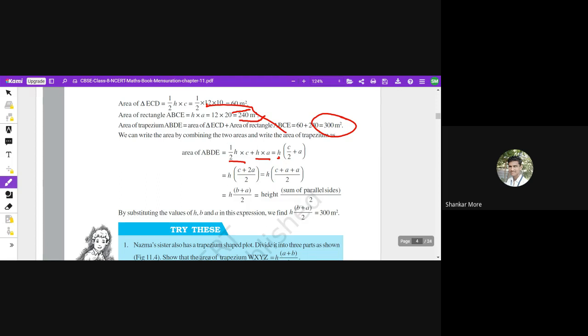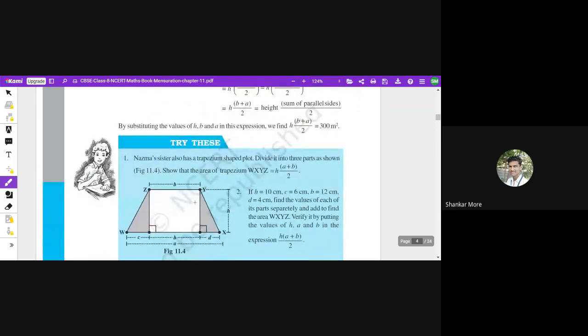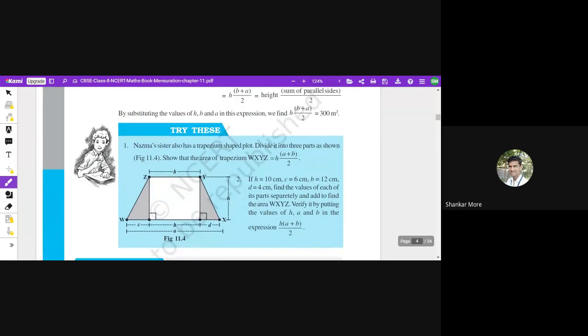Now Nazma's sister also has a trapezium shaped plot divided into 3 parts as shown in this figure. So show that the area of trapezium WXYZ is equal to h into a plus b divided by 2.